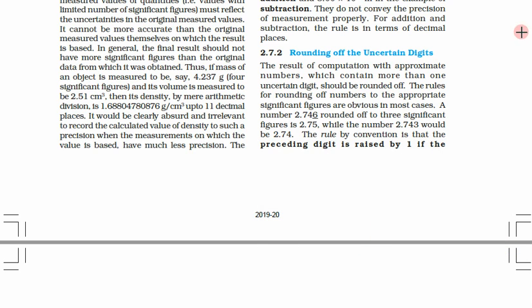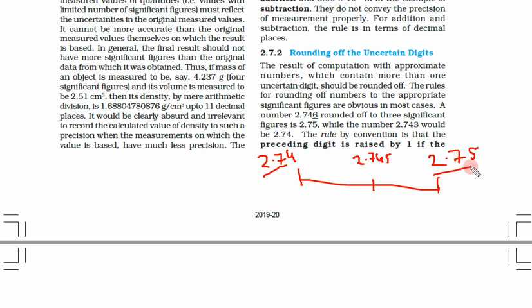Why does rounding off work? Because if we take a scale and it is 2.74 and it is 2.75, in between is what we get, 2.745. If we can read only 2 digits after the decimal, if it is a little bit more on this side, then we will read it as 2.75.